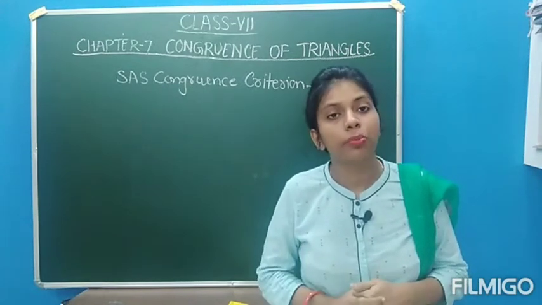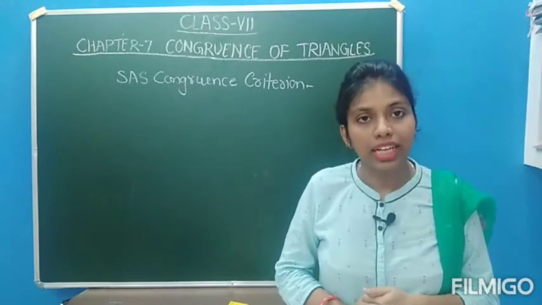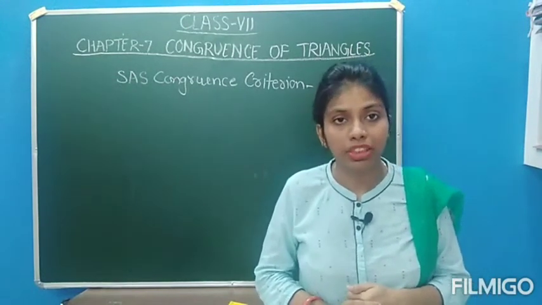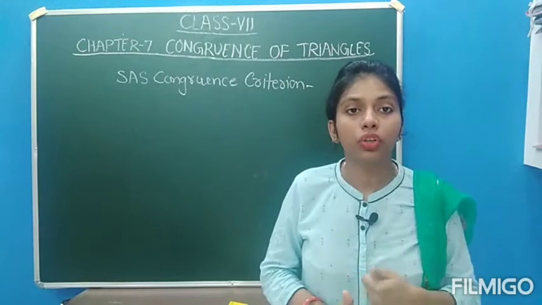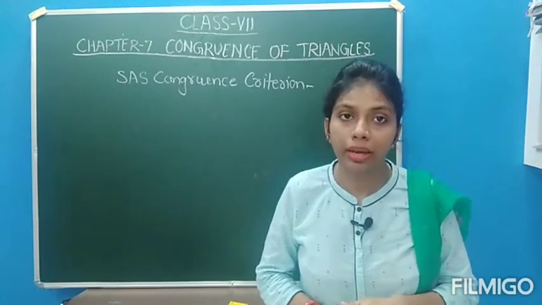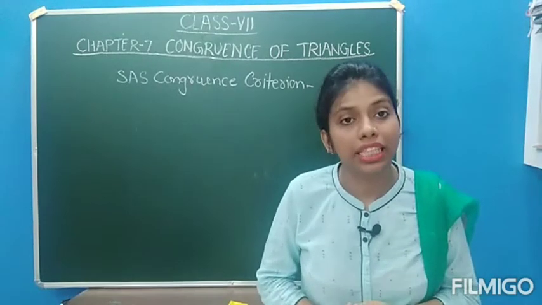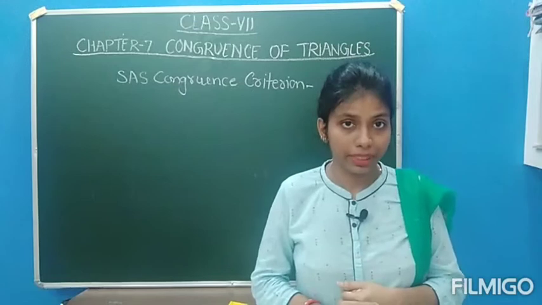According to this criteria, in a triangle, if two sides and the angle included between them are equal to the two corresponding sides and the angle included between them of another triangle, then we call them congruent. I am repeating again.